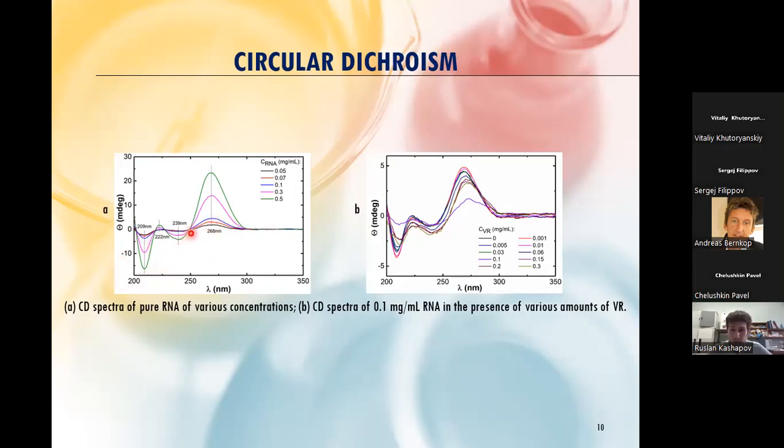The decrease in intensity and slight red shift of the band at 268 nanometers in a mix with the calixarene probably indicates a conformational change from A form to the B conformation.